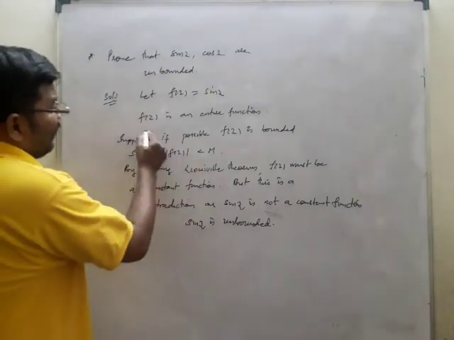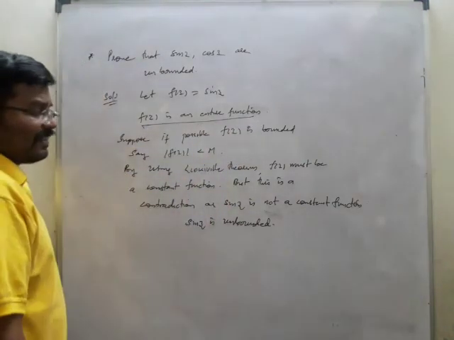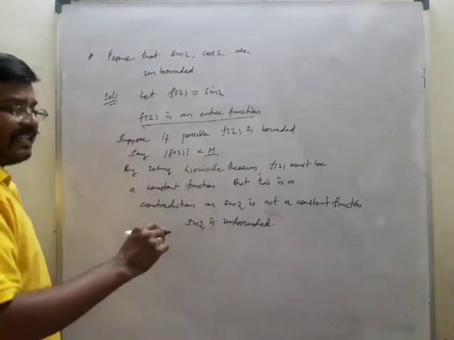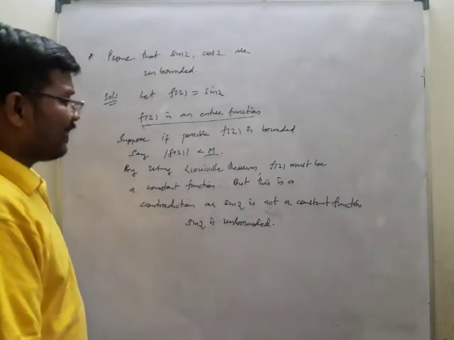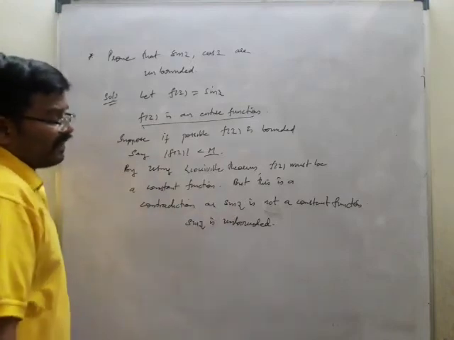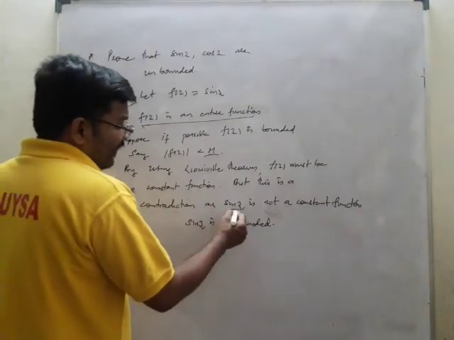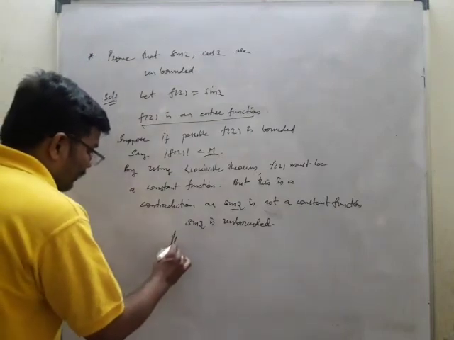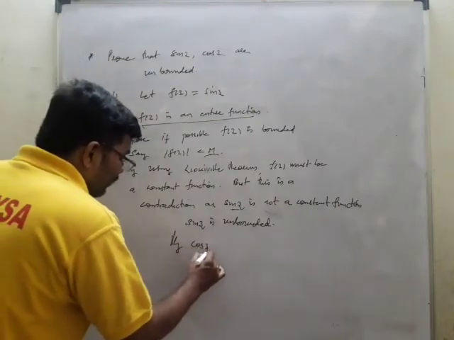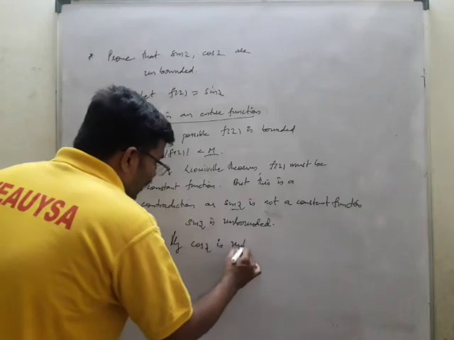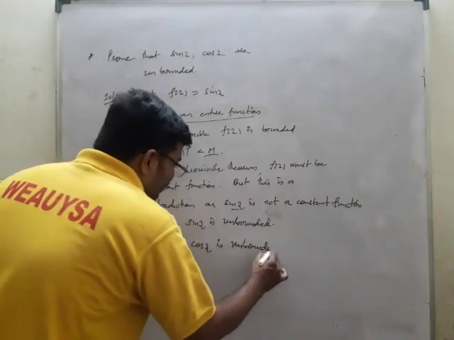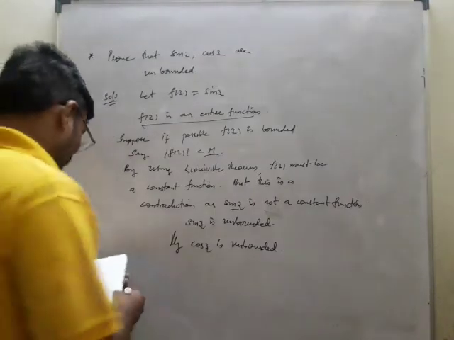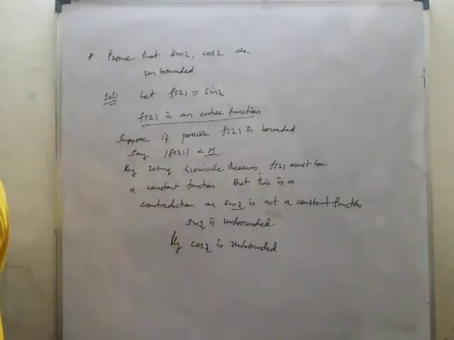If it were an entire function bounded by some value M, then by Liouville's theorem it should be reduced to a constant function, but this is impossible for sin z. So sin z is unbounded. Similarly, we can say that cos z is also unbounded.